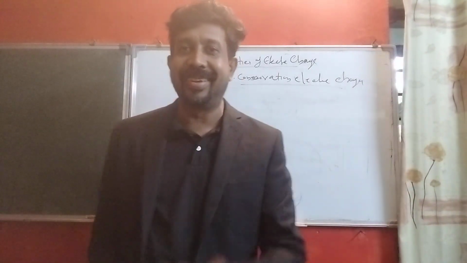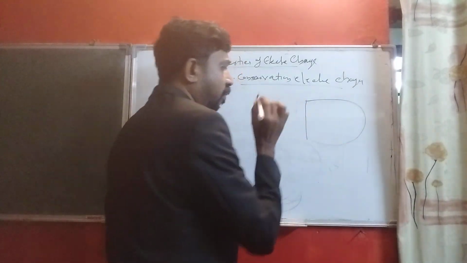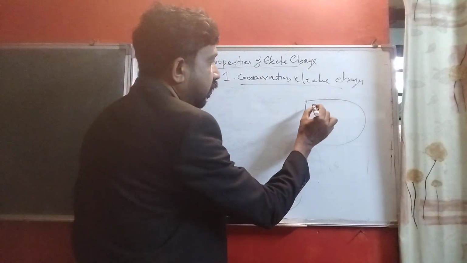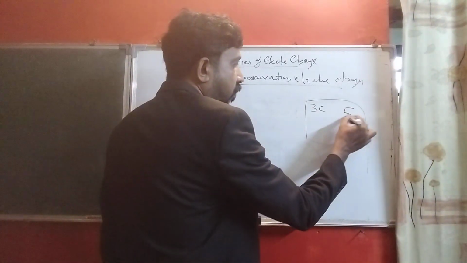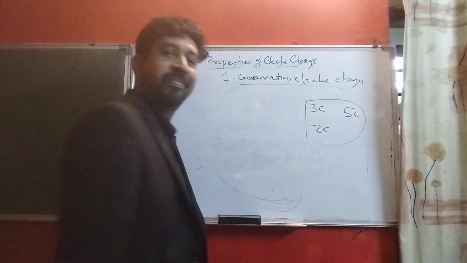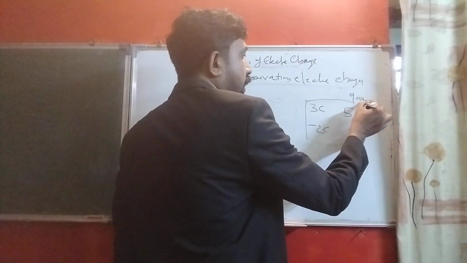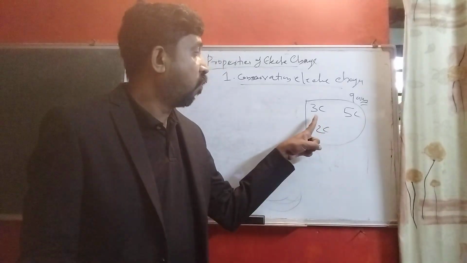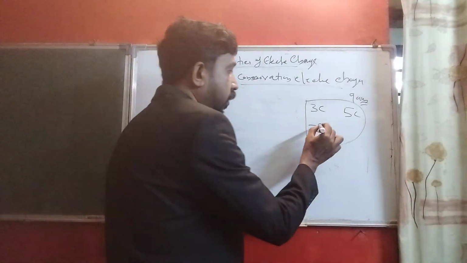Let us listen here. Suppose we have a body with the charges 3 coulomb, 5 coulomb, and minus 2 coulomb. This is at the time 9 a.m. I have a body with the charges 3 coulomb, 5 coulomb, and minus 2 coulomb.